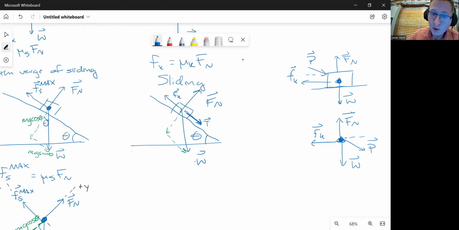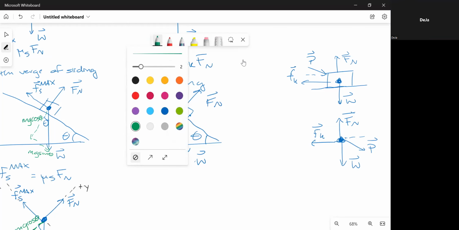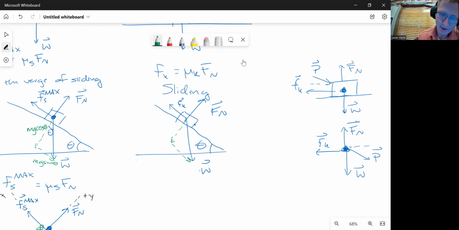So if someone were pulling, we'd have a force like that acting down the ramp in addition to everything else that's going on. There aren't any quite like that on the exam. The questions mostly stick to things closer to this, but that is something that could happen and has happened on homework problems, I think.